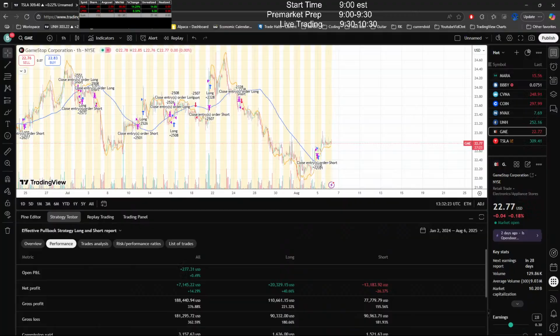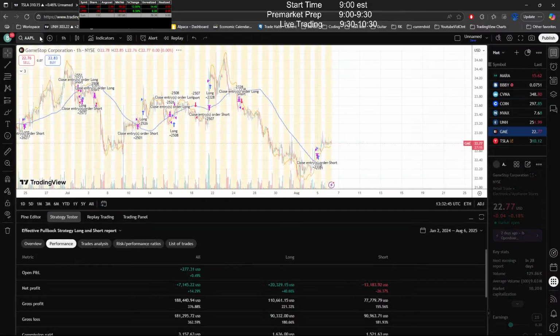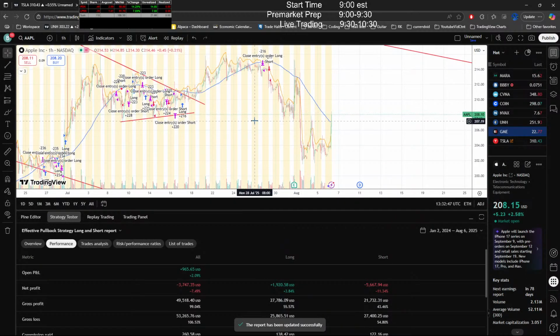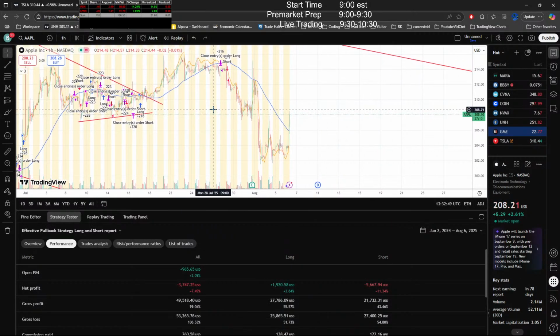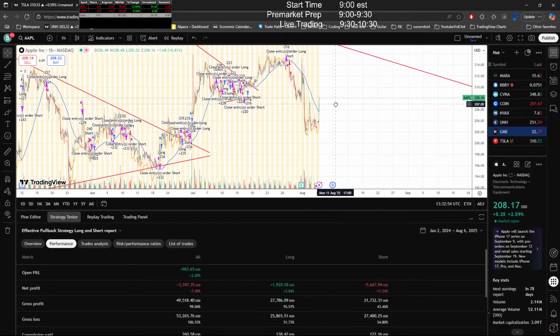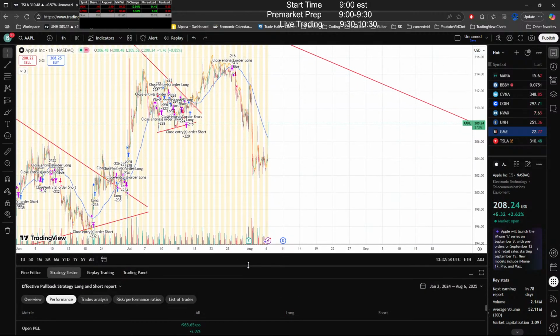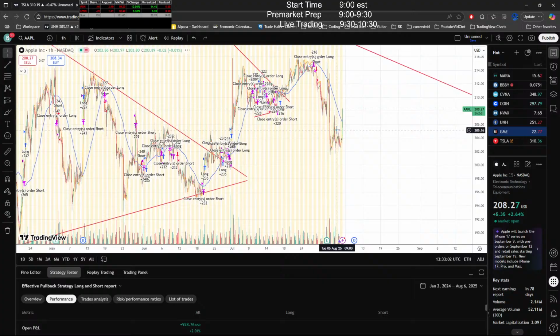Well, let me check in on the algo here and see what Apple's looking like. I'm pretty sure it's long now. No, it's actually still short. Very interesting. So if this thing flips long, I will probably take the long on Apple. Tesla's looking good.